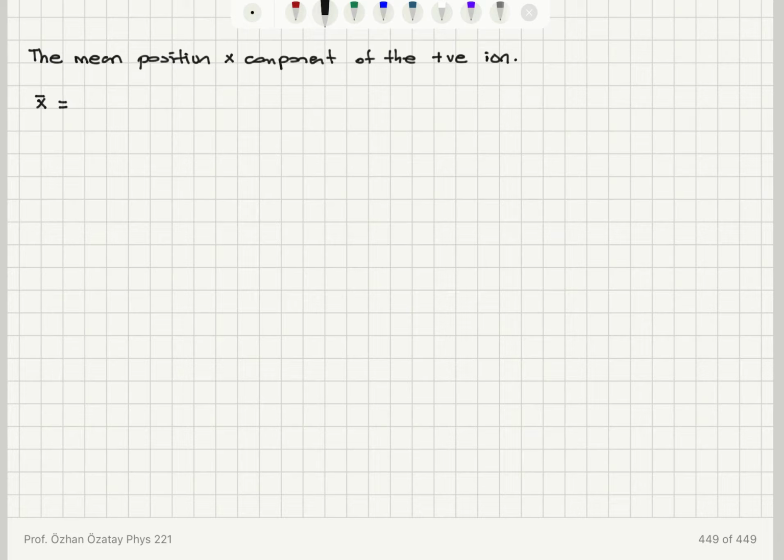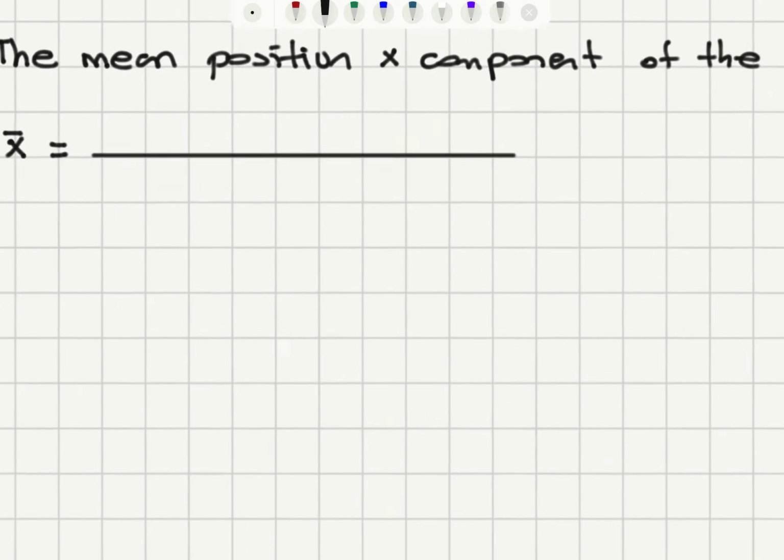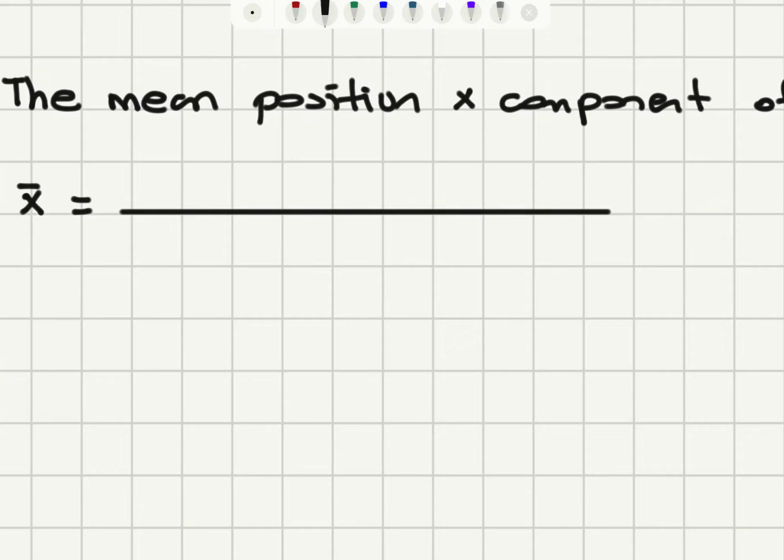So I have the following situation here: the x component can be minus a over 2, which means it's to the left, and the probability is proportional to e to the minus beta qa over 2 epsilon for this scenario.